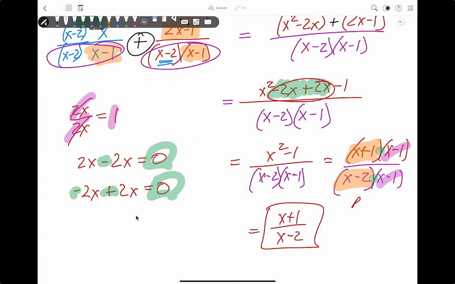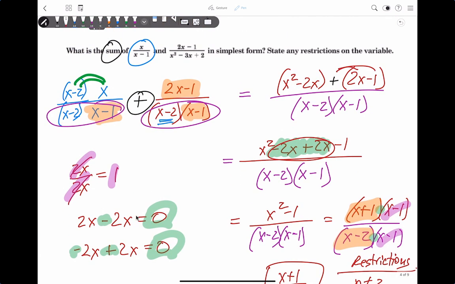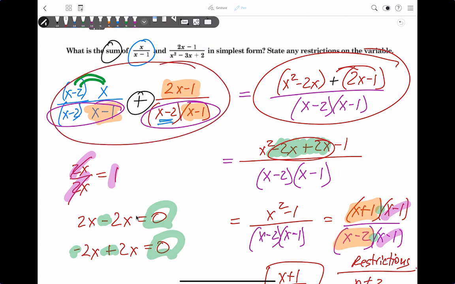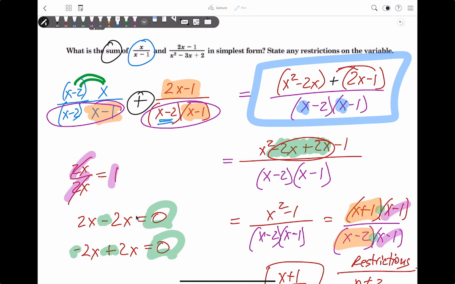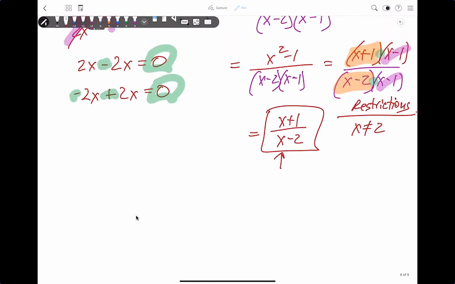Now, restrictions. I can see from the original problem, x cannot equal 2. I will write that immediately. But then I want to go back and look at the very earlier stages and see when the denominator would be 0. Okay, so let's look at this one right here. Well, we have 2 and 1. So I'm going to have to say x cannot equal 1 as well.